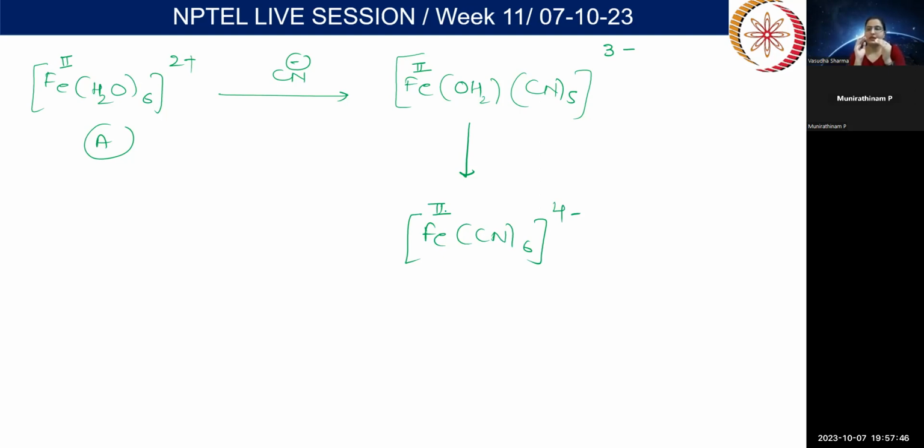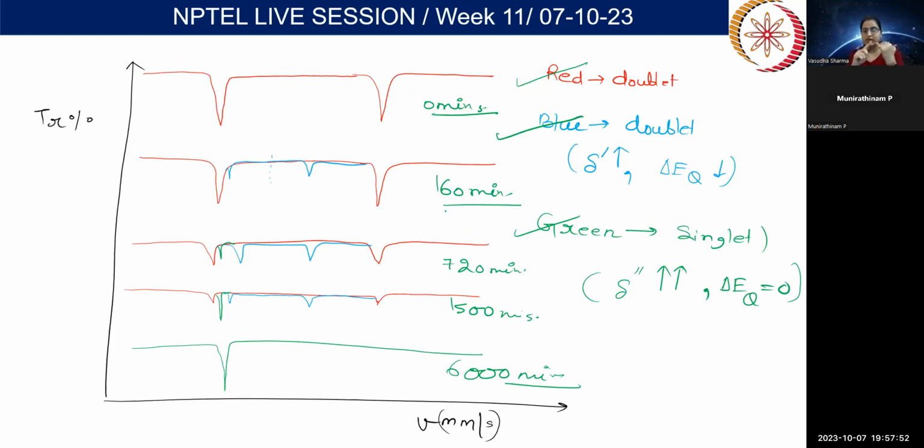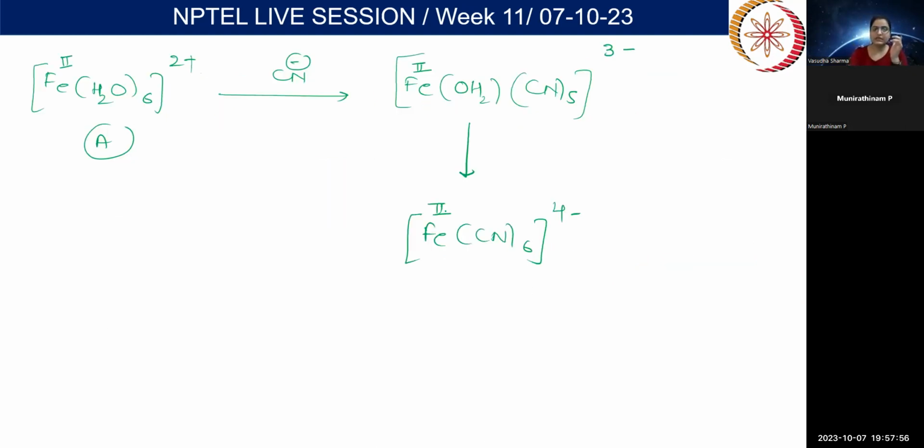So now, during the process, we have in the spectra 3 kinds of traces: red trace, blue trace, and green trace. If we had recorded the spectra at room temperature, that means at higher temperature, then isolating this particular spectra won't be possible, because at that time the conversion of this particular species to the CN6 is very easy.